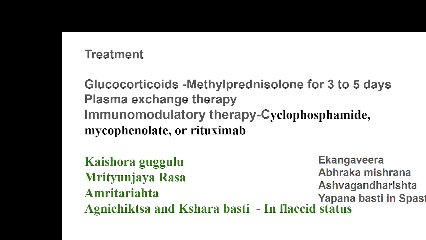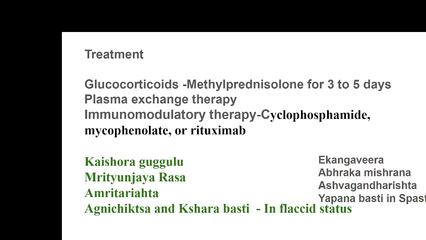In GB syndrome, prednisolone or steroids would not be of much use, whereas in transverse myelitis, prednisolone started in the early days can produce a significant change in the outcome. There could be a significant recovery.